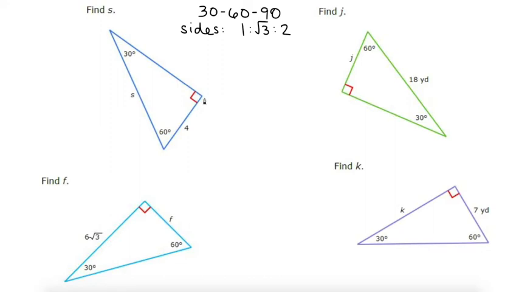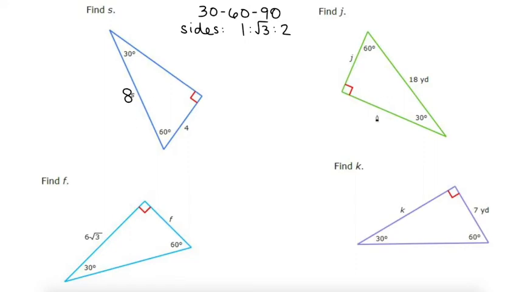So for example, in this triangle at the top left, we know that the short leg is length 4, and we want to find the length of the hypotenuse. Well, going to our ratio, we know that the hypotenuse is just twice as long as the short leg. It's a 2 to 1 ratio. So that means that this hypotenuse must have length 8.